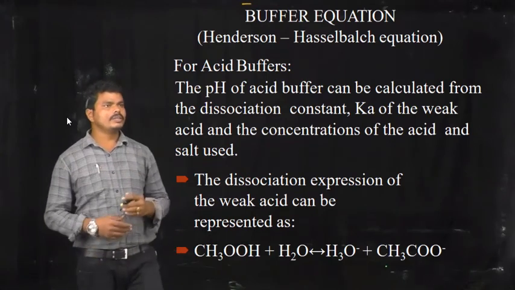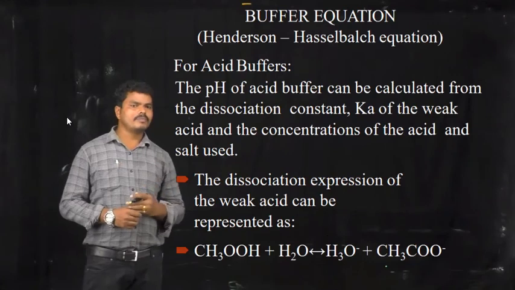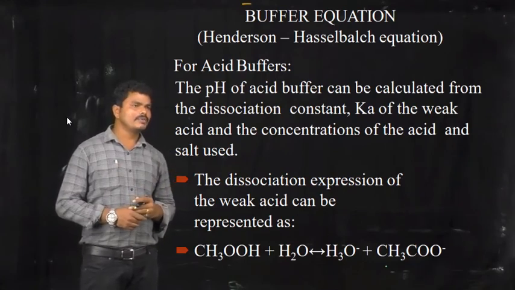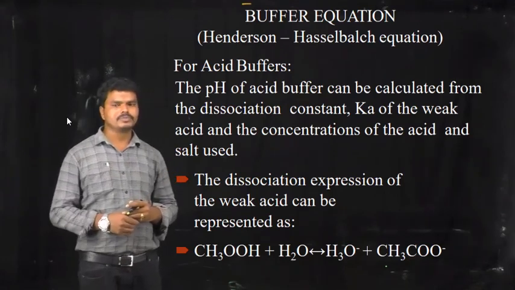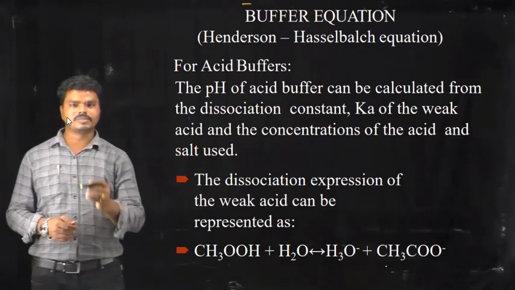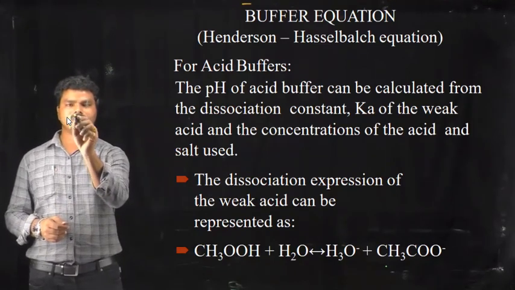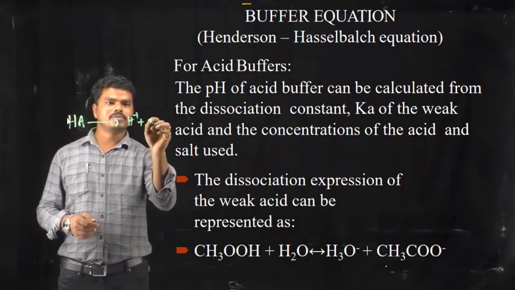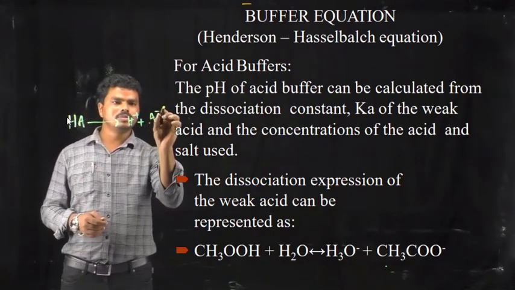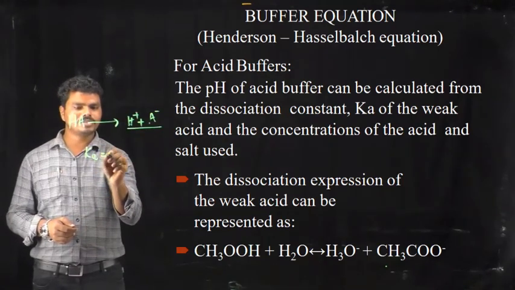And when you look at the buffer equation for acidic buffers, the pH of an acidic buffer can be determined or calculated from the dissociation constant. When the acid is subjected to ionization, it ionizes into two species, and here we can write Ka as the dissociation constant.